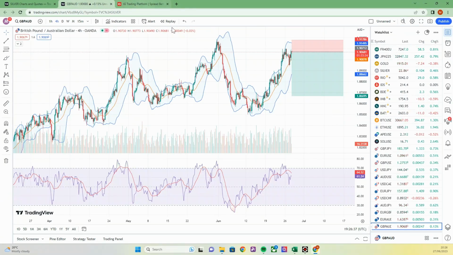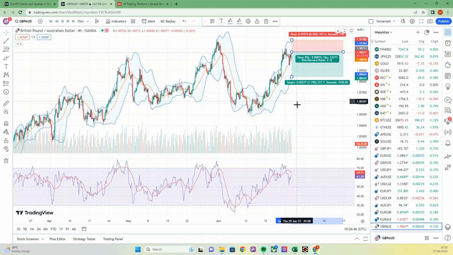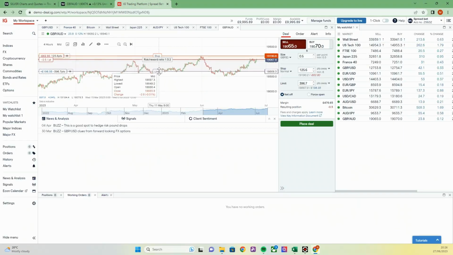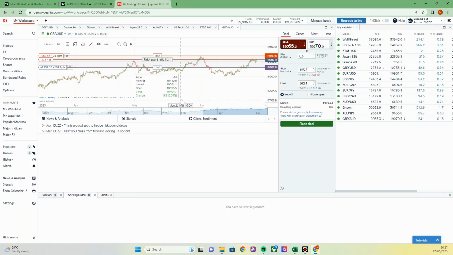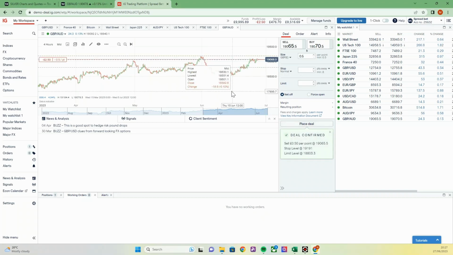And then take profit about there. The reason why I do it like that is so that it's sort of smack bang in the middle of where everything is, at 1.88435. That's to make sure that it's a 2.1 risk to reward. And let's do it. Deal confirmed. Thank you very much.